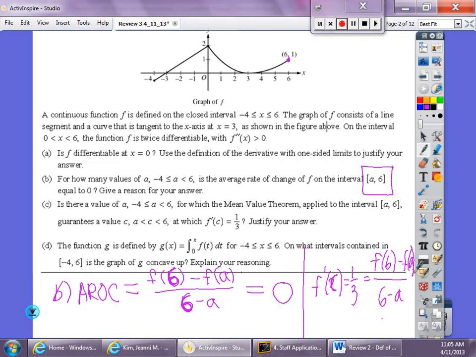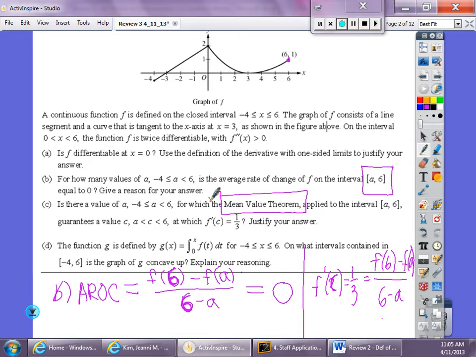So it says, is there an a value for which the mean value theorem applied? We actually just talked about that. Mean value theorem can't be applied because of the corner. Okay? So I believe for that one, you should be able to say mean value theorem does not guarantee.